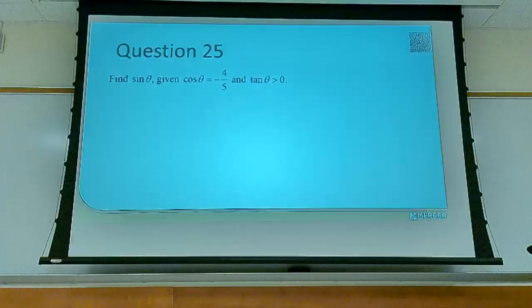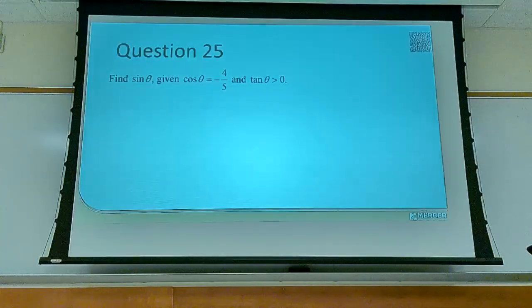They just want sine here. They tell us that cosine is negative 4/5 and that tangent of theta is greater than 0. Cosine is negative. What quadrants is cosine negative? 2 and 3.